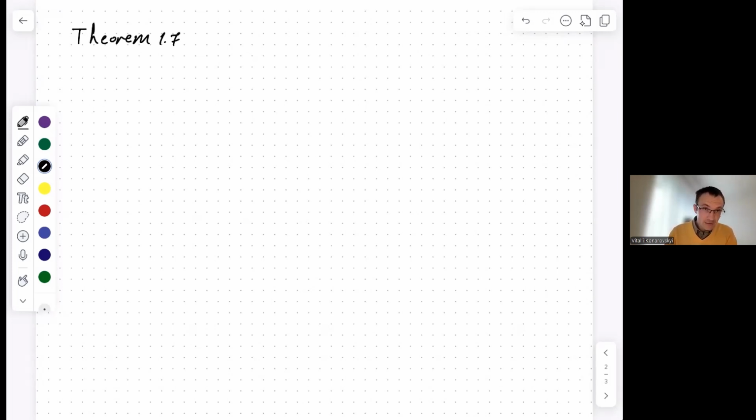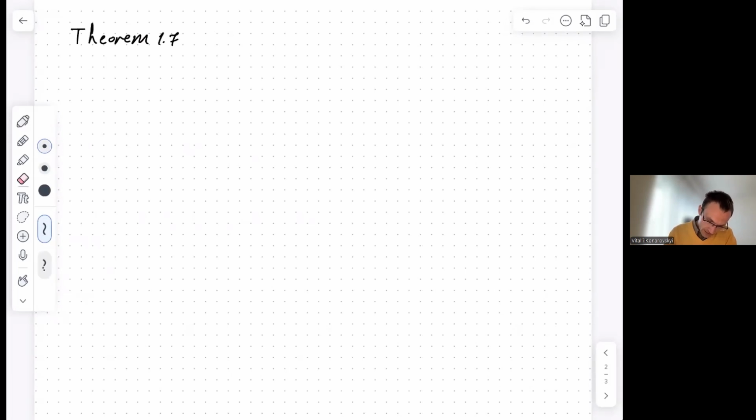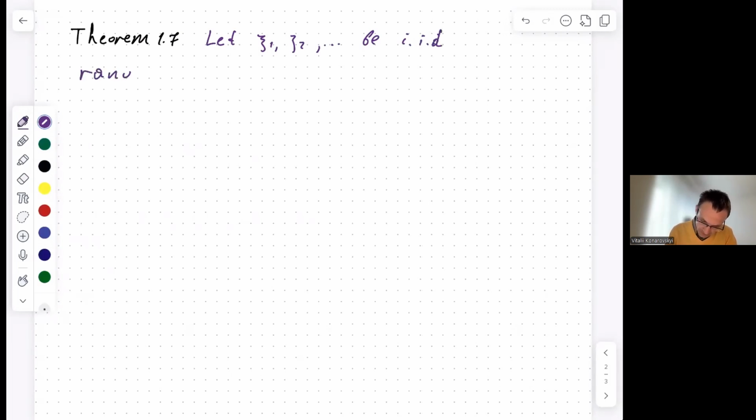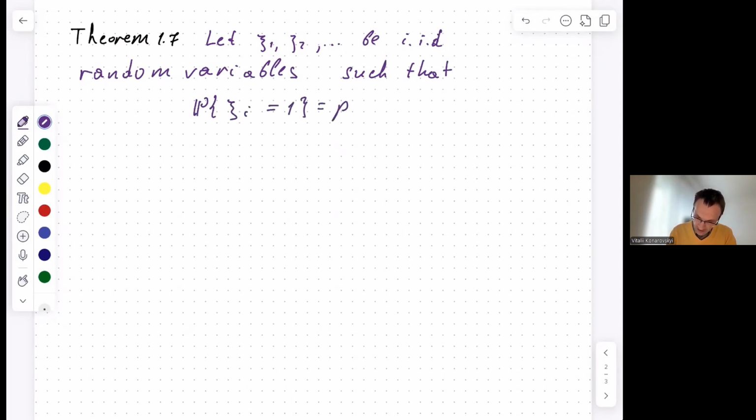And here we assume that we have a family of independent, identically distributed random variables, maybe shorter, IID, such that the probability that Xi is equal to 1 is p, and the probability that Xi is equal to 0 is 1 minus p.